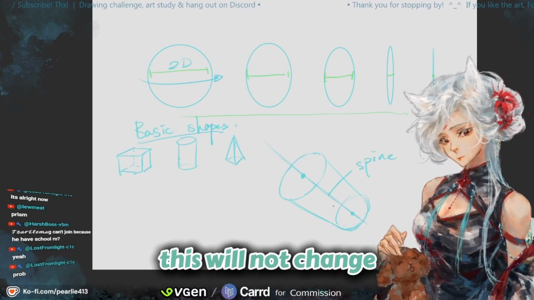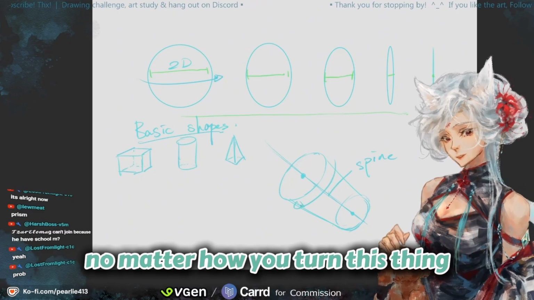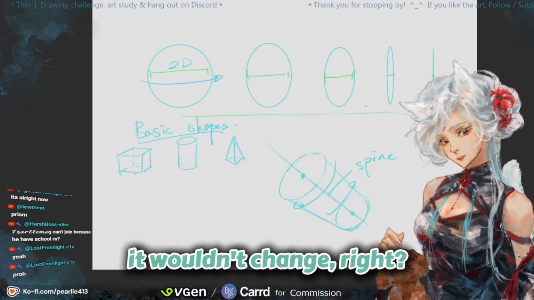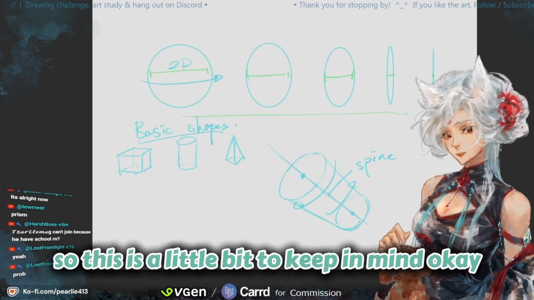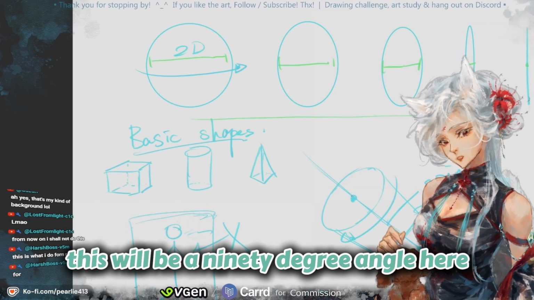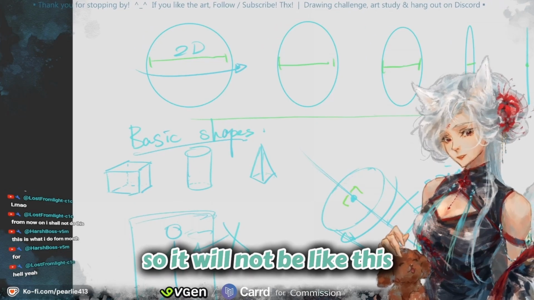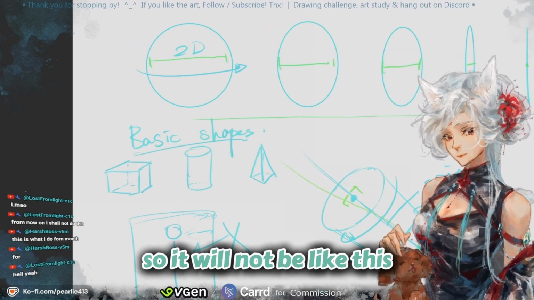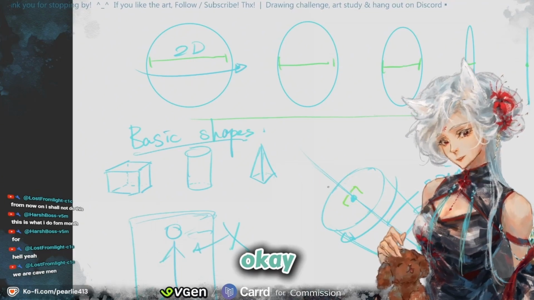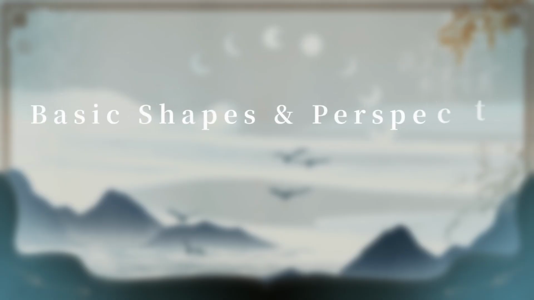This will not change no matter how you turn this thing to here or to here. It wouldn't change, right? So this is something to keep in mind. Okay, this will be 90-degree angles here, so it will not be like this. It will not be like this. It will not be like this. Okay, just be careful when drawing cylinders.